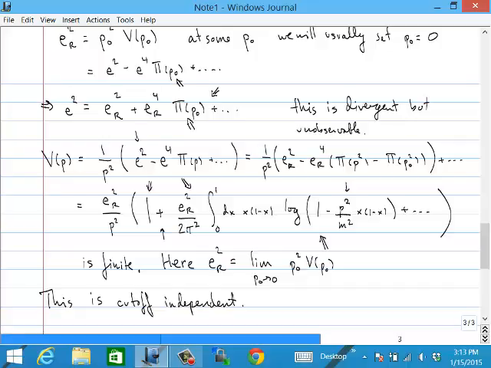Well, it depends. In all of the calculations, I assumed that the cutoff scale was larger than the momentum at which I'm studying here. You're expanding in small momentum. Yes, exactly. Yeah, that makes sense.